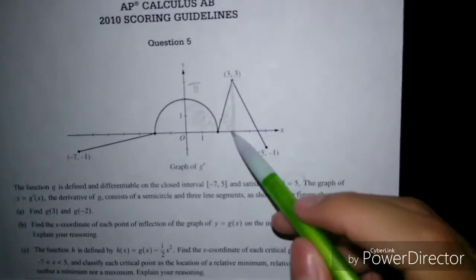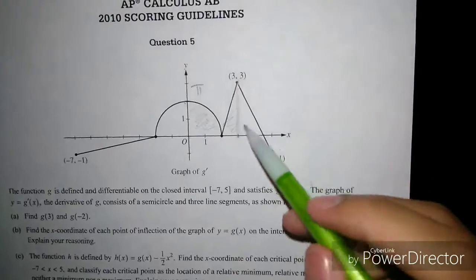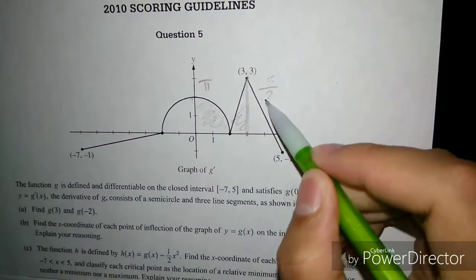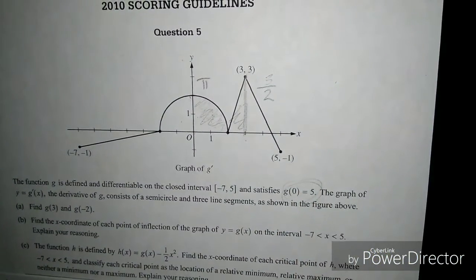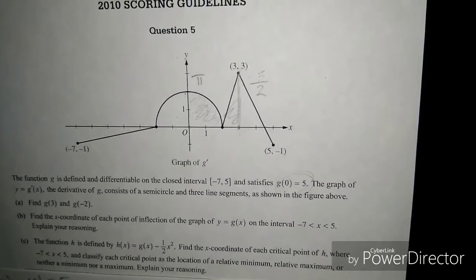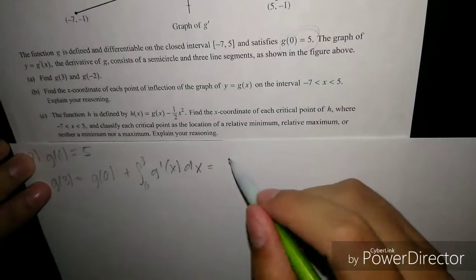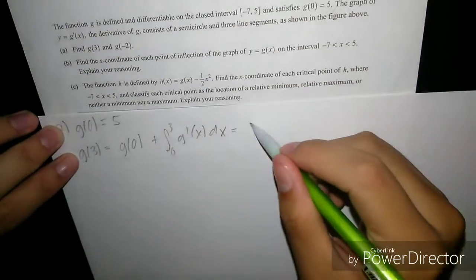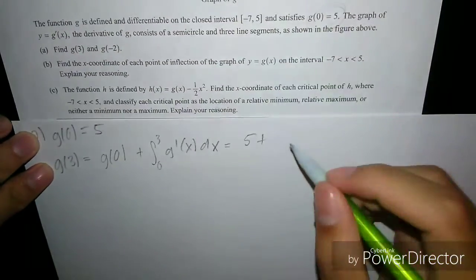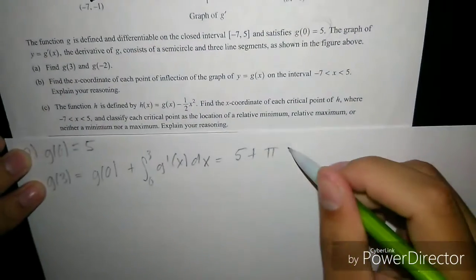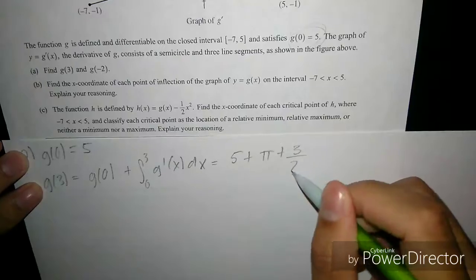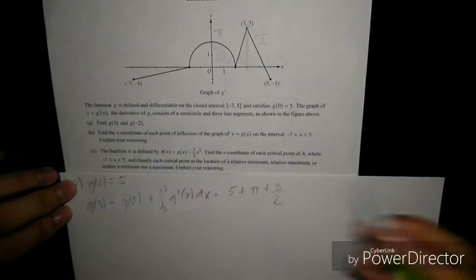And for this triangle, it'd be 3/2. So from there, just simply plug in your values. g of 0 is 5 plus pi plus 3/2. And that's g of 3.